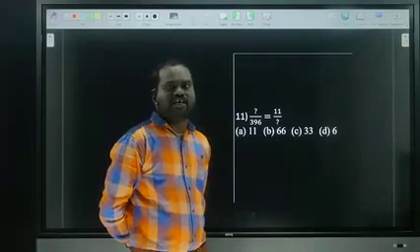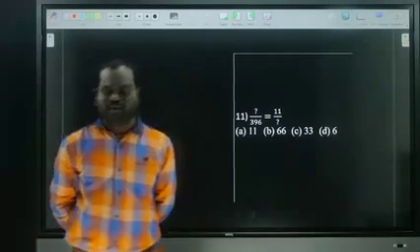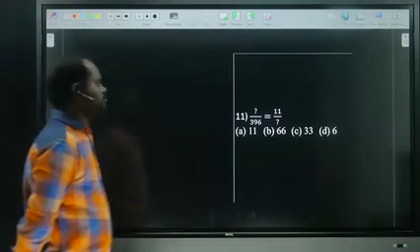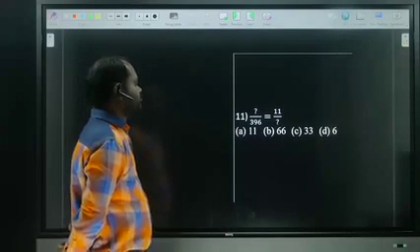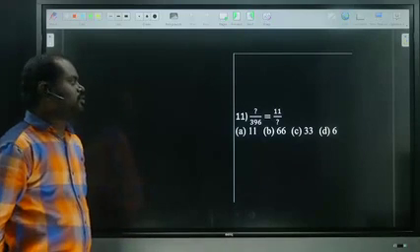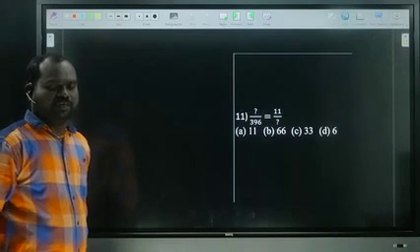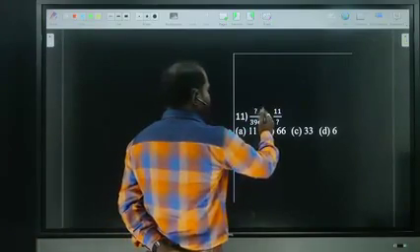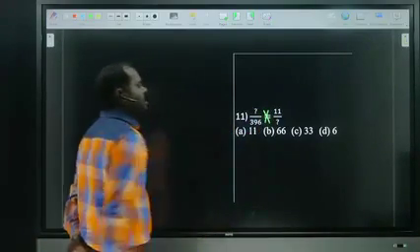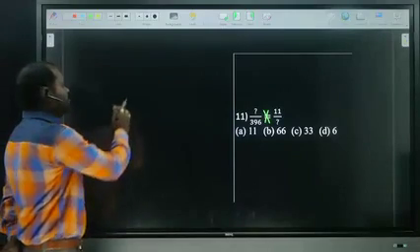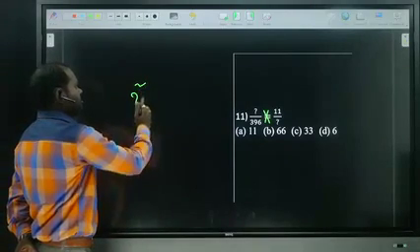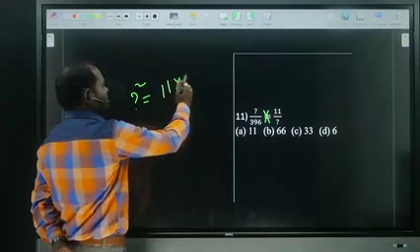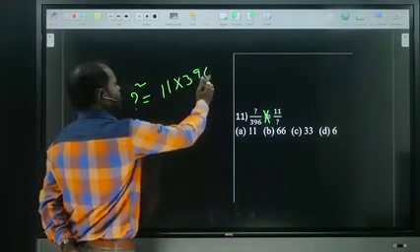When these kinds of models come, first of all, by cross multiplying, question mark into question mark, question mark square, is equal to 11 into 396.